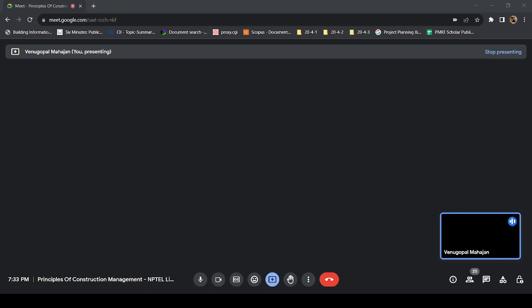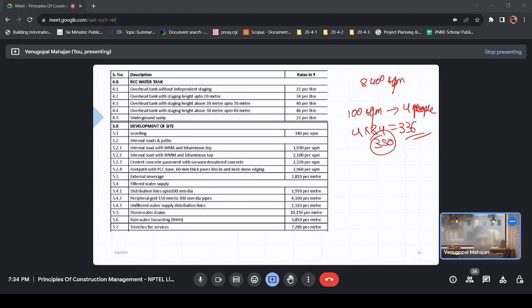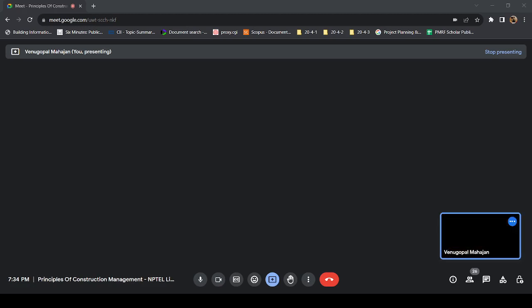Now for 350, how much water do you need? At least 200 liters per day per person. Okay, high society, so we are getting 200 LPD, right? Yes, sir. So how much will it make? 350 into 200, 70,000.